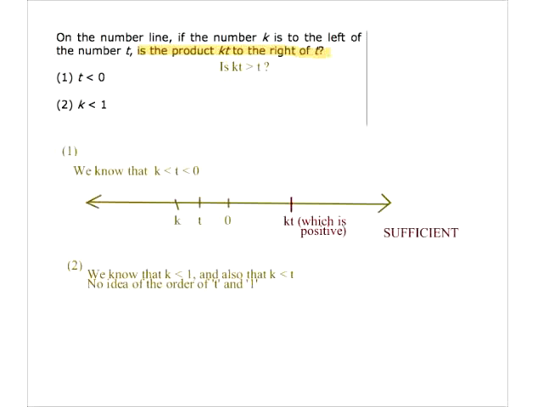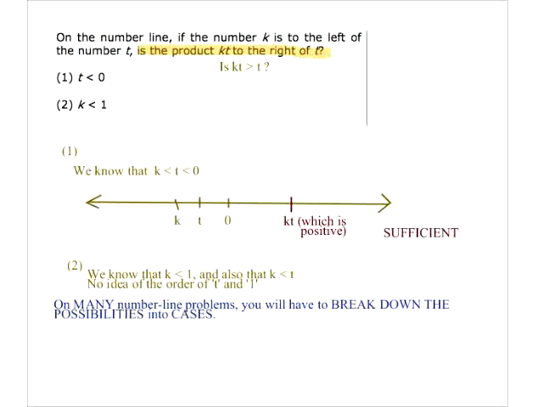So on many number line problems, you will have to break down the possibilities into cases. So in this case, we don't know if t is bigger than 1 or if t is smaller than 1. And remember that matters, because if t is smaller than 1, it's what we're calling a fraction.